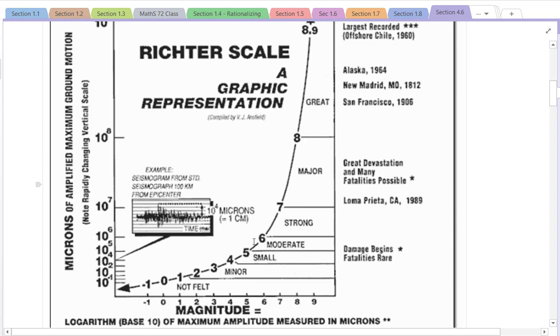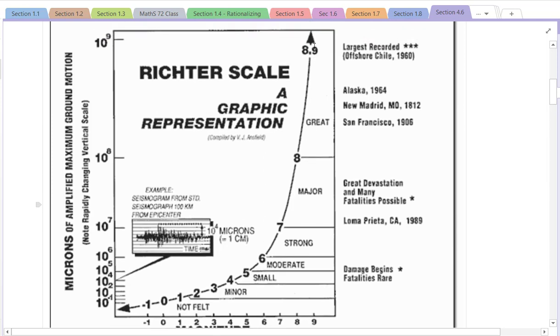So a magnitude 8 earthquake is 100 times larger than a moderate earthquake, magnitude 6. And so when you're over here at a magnitude of 9, and remember the Chile earthquake was 9.5, how much larger are you than a magnitude 6 earthquake? So you've gone 3 tens, right? 10 cubed. So that would be 1,000 times larger than a moderate earthquake.